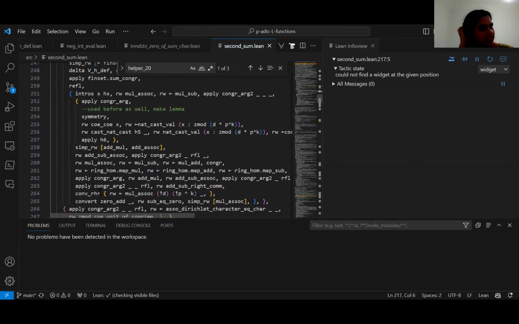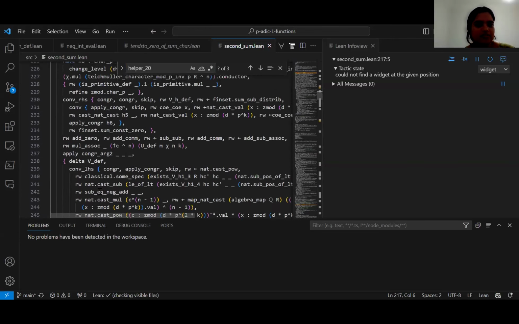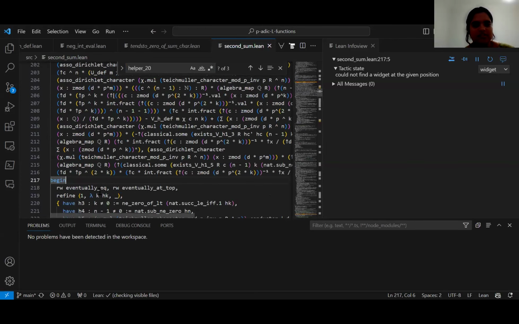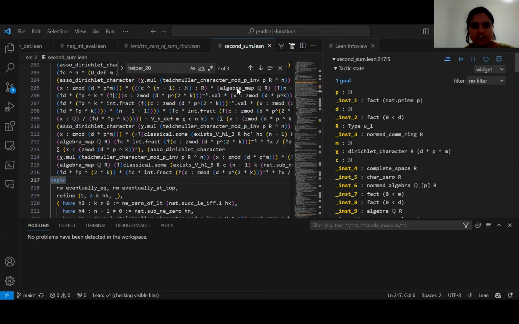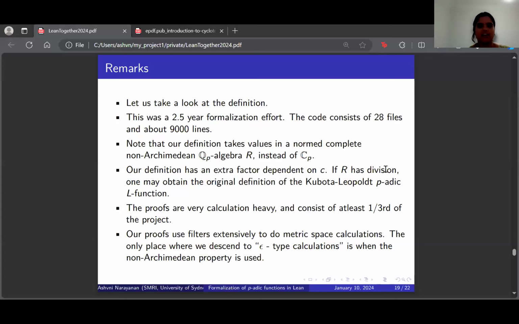So I don't know exactly how to reduce the size of these proofs. To an extent, they can be compartmentalized, but otherwise I'm not so sure as to how to make this work.